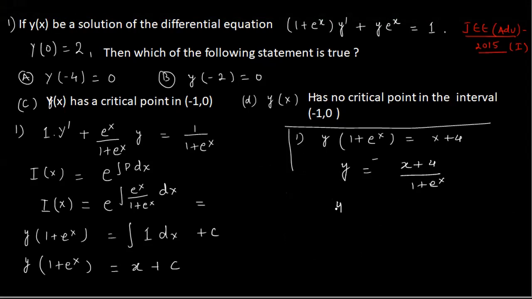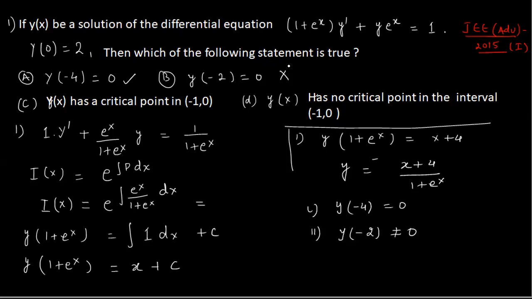So we can see that y at x equal to minus 4 is 0 because the numerator of this expression is 0. So the first option is correct. And y of minus 2 is basically 2 over 1 plus e raised to the power minus 2, which is not 0. So y of minus 2 is not 0. As a result, we can conclude that the second option is not correct.